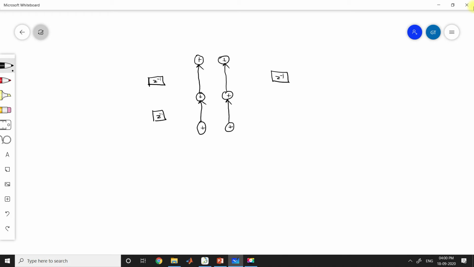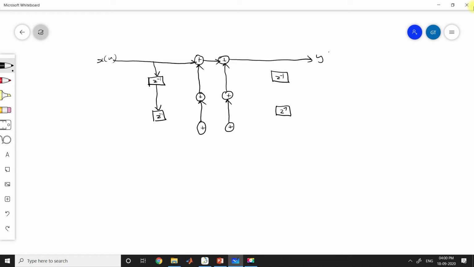Similarly, just below and in the middle of the second adders, draw the delay lines. Then give the input x of n. The input is given to the first delay element. Then connect the input and output.